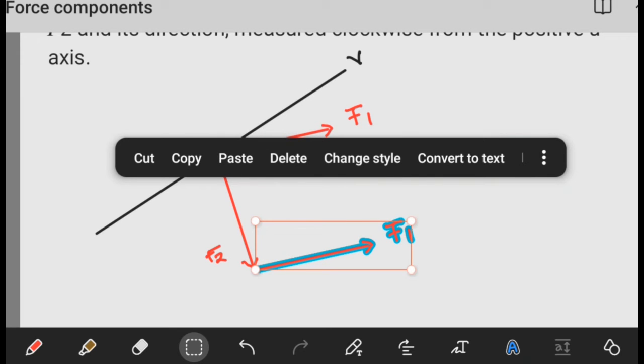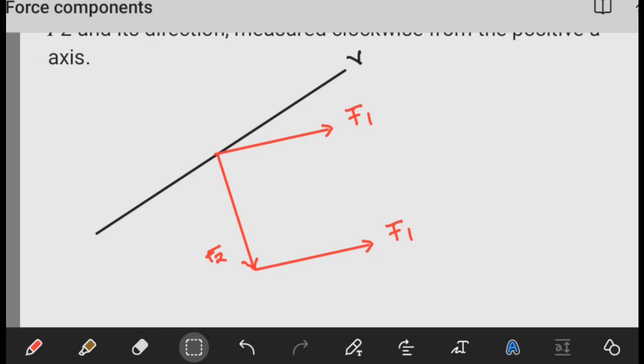Okay, now that is done, what I want us to determine is the angle that is made down here.